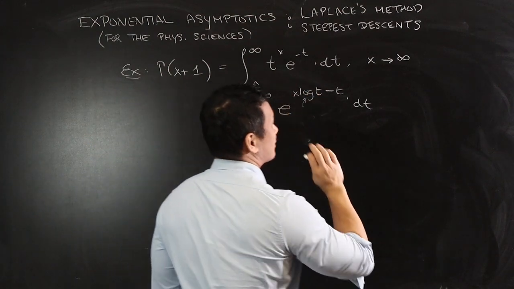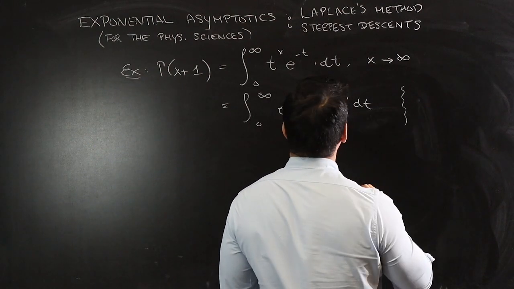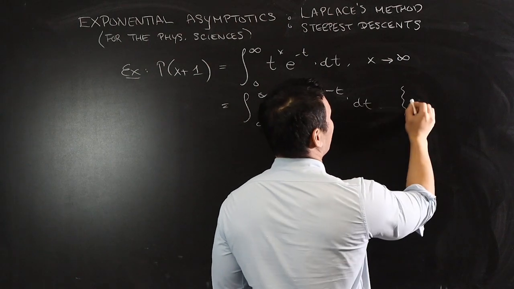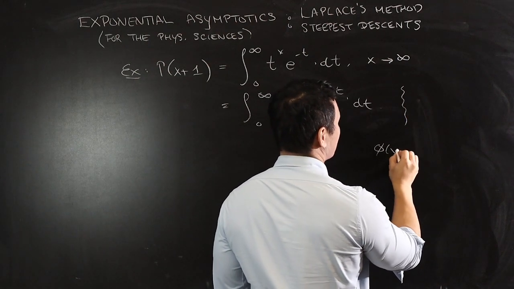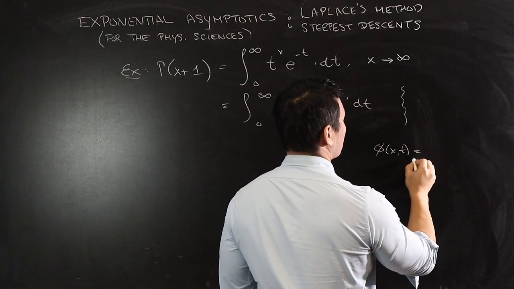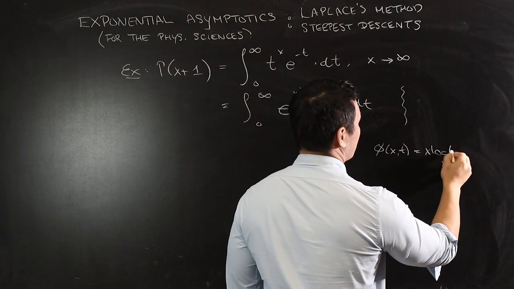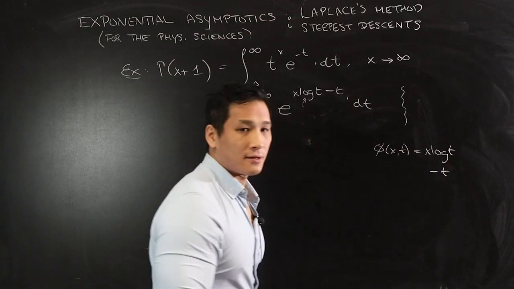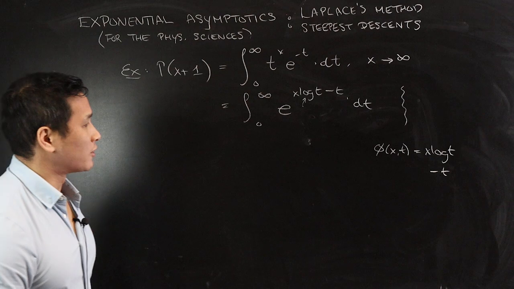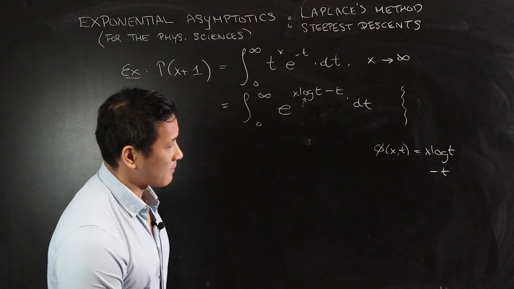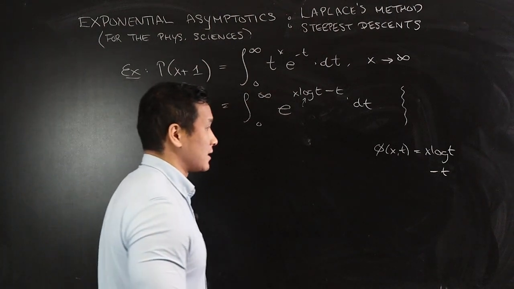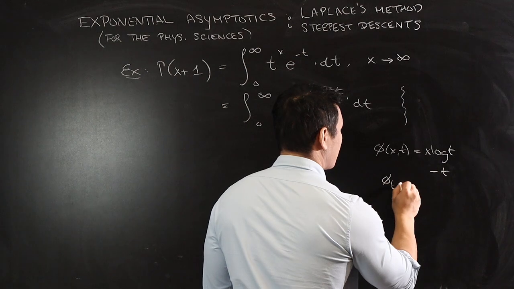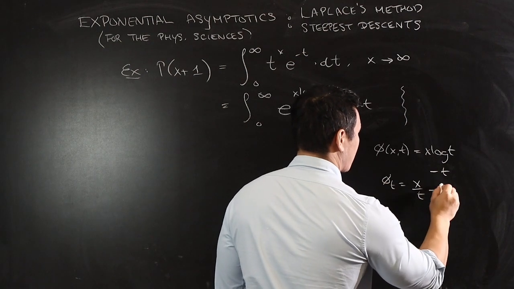So let me just naively set phi. I'm going to look at phi of x and t. So that's x log t minus t. And I'm just going to think of the maxima of that as a function of t, right? So phi t is then x over t minus 1.